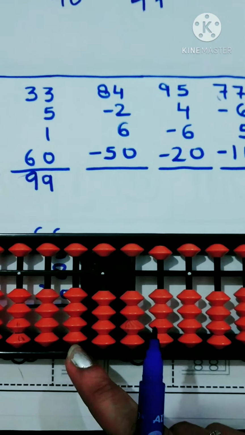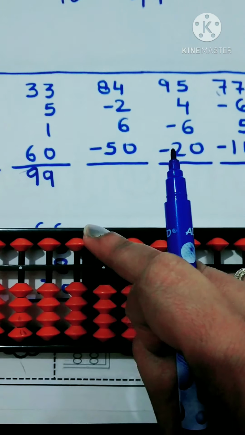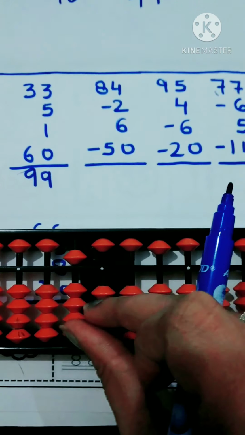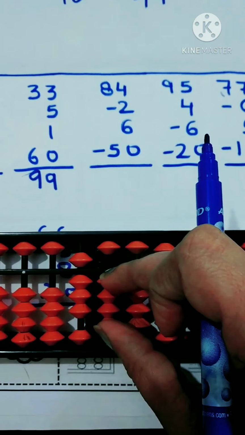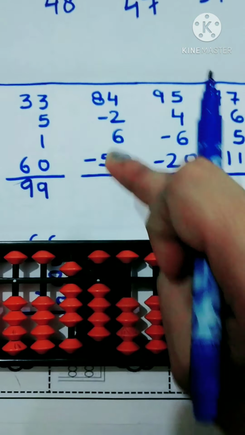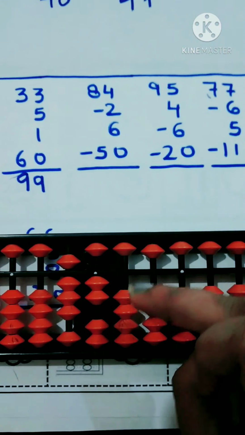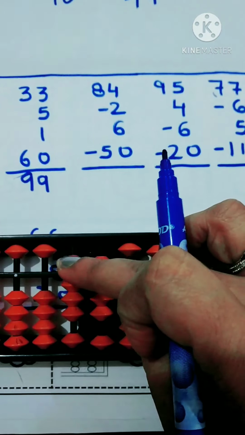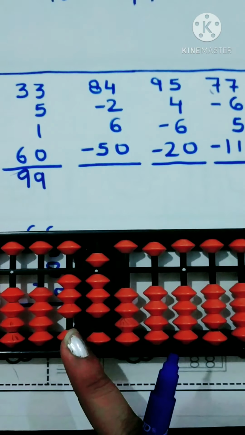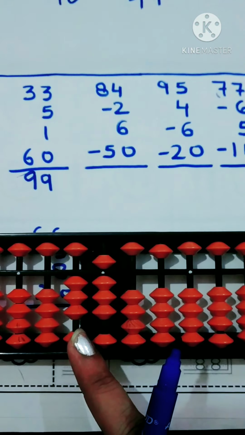For 80, on the tens rod 50 and 30 make 80 and 4. Now let's do. Then at 6, less 50. Then my answer is 38.